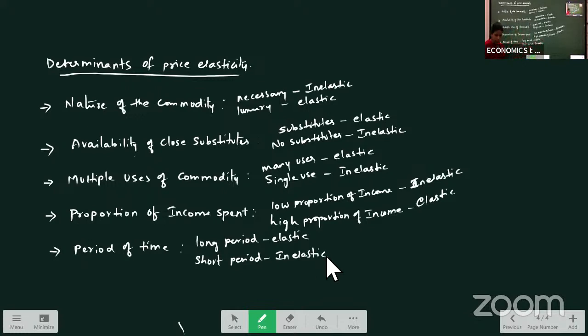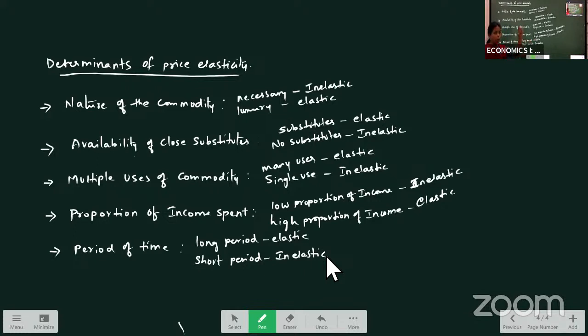For example, we want to purchase a two-wheeler. If petrol prices are increasing, in a short period, can we make any changes in our demand? Immediately, we cannot change our mindset, or change the commodity, or stop using that product. So in the short period, there will be inelastic demand. Though the petrol prices are increasing, our demand will not change.